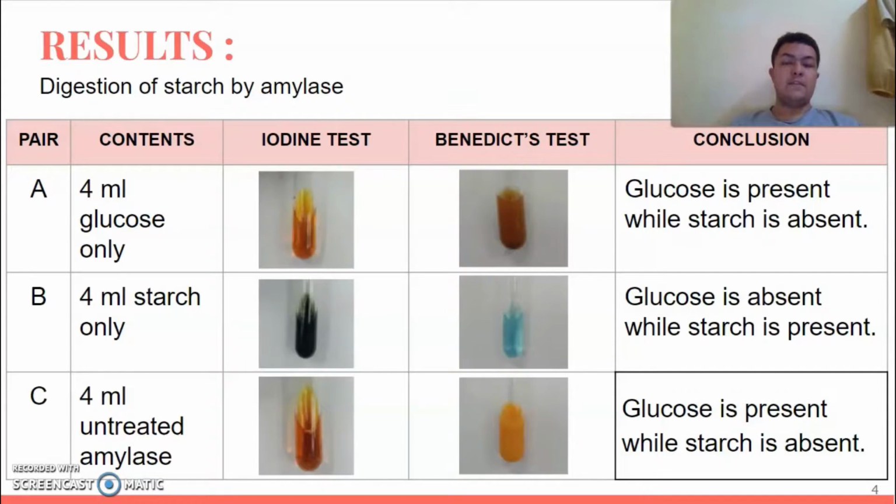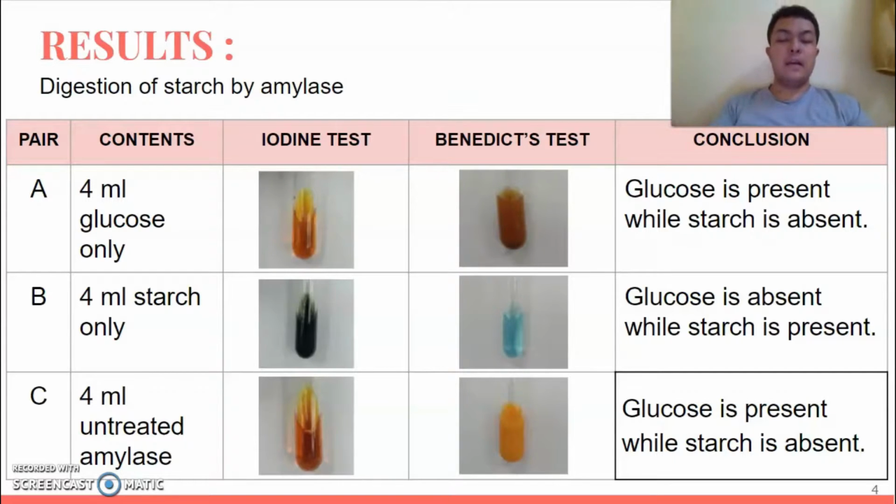In the digestion of starch by amylase experiment, we use 5 pairs of test tubes named A, B, C, D and E, each with its content, and all undergo either the iodine test or the Benedict test. In test tube pair A, we put 4 ml of glucose.